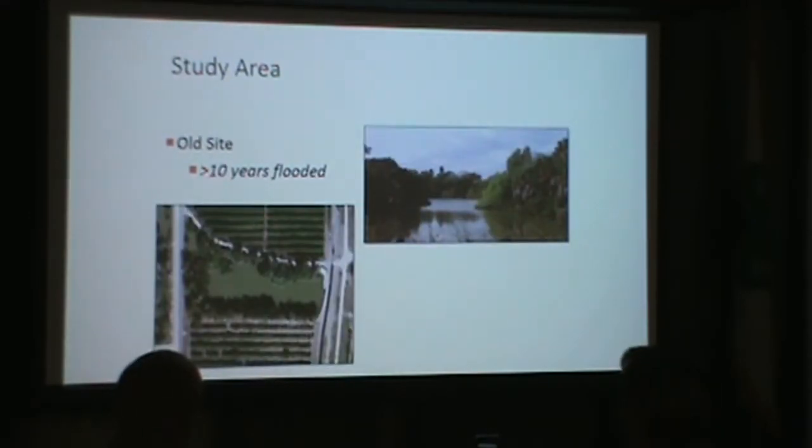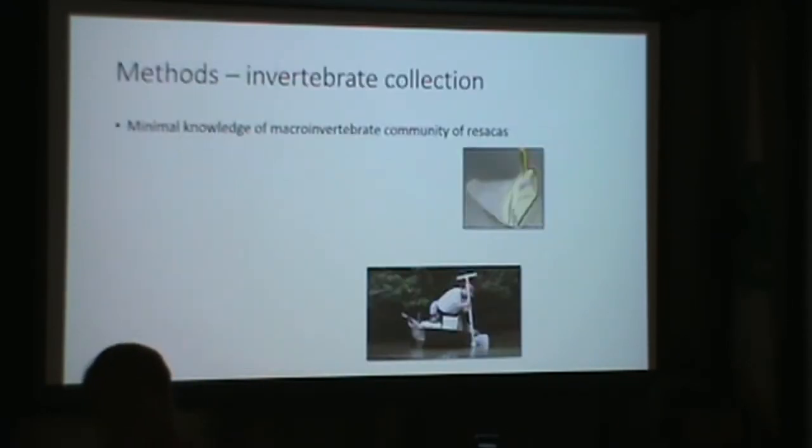And this is the old Resaca, more than 10 years flooded. This is how it looks. So it has a good riparian community, even with some sable palms, which are part of the riparian community in this area. But the rest of the landscape, a little bit farther, is orchards, citrus orchards.